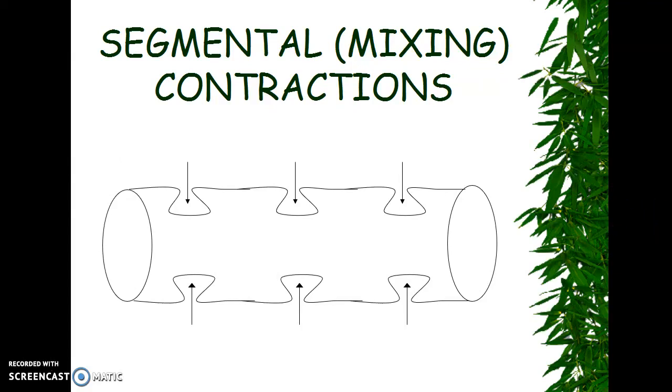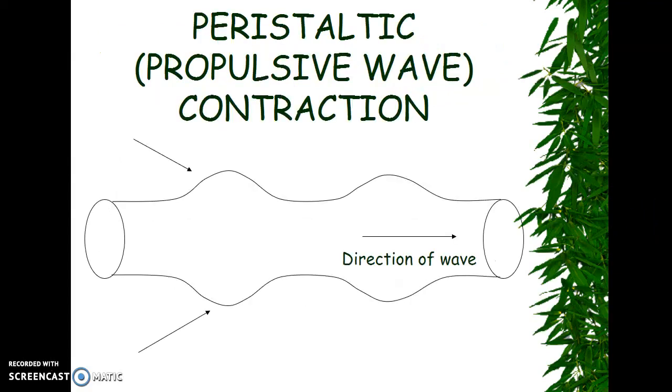Those are segmental contractions. And then we have to have a way for it to move through the GI tract. So we have peristaltic or propulsive wave contractions. These are actually pushing the ingesta through the intestines in a particular direction, and it's kind of a wave is the way that it moves through there.